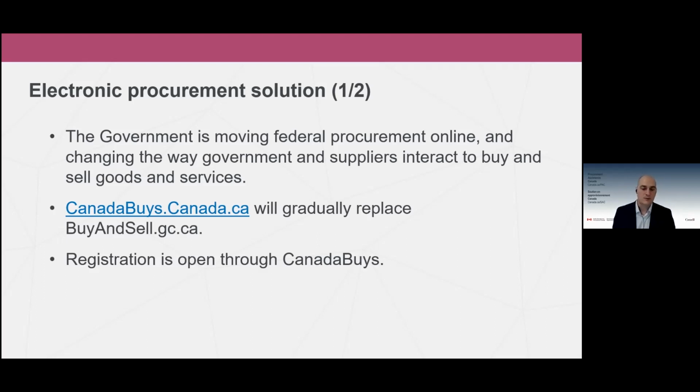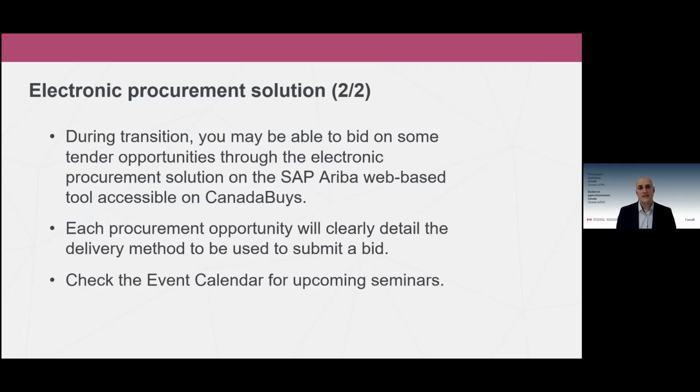Hopefully spring 2022, but with COVID, it's been postponed. During that transition in 2022, when it comes up, they'll post on both Buy and Sell and Canada Buy for a certain period of time. That's the plan. So don't be stressed out about missing any opportunities. You'll be able to see them in both systems.